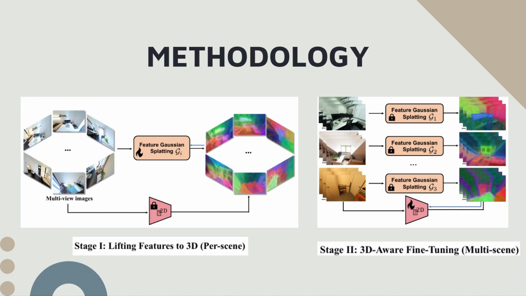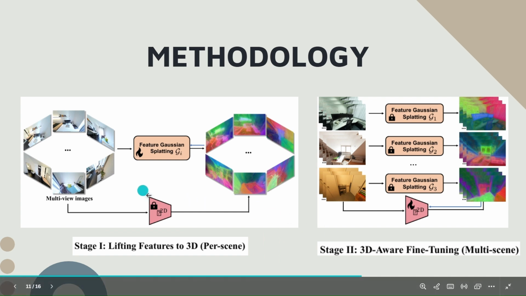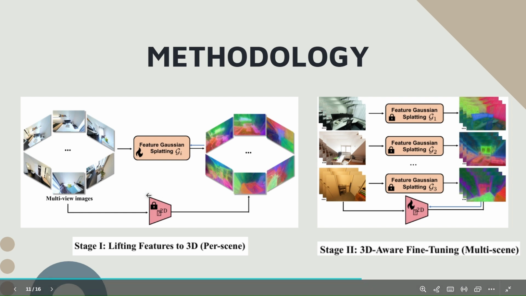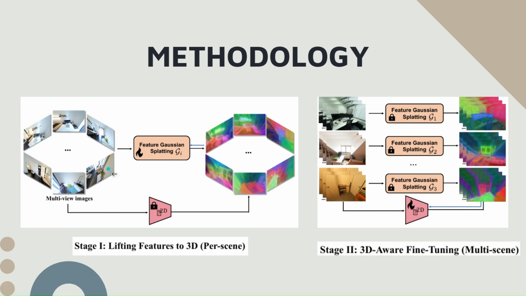This slide represents a more granular and visual representation of both stages, reinforcing the intuition behind each process. Let's first focus on the left-hand panel, stage 1, lifting features to 3D. Here, we process a sequence of multi-view images of the same scene.